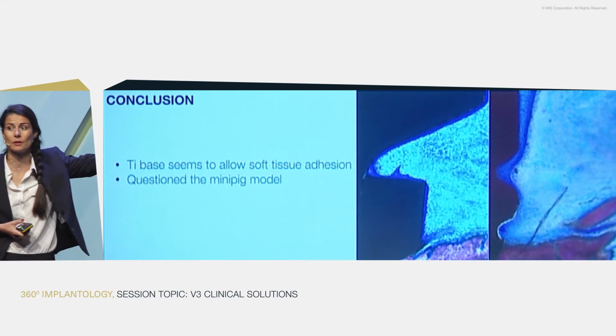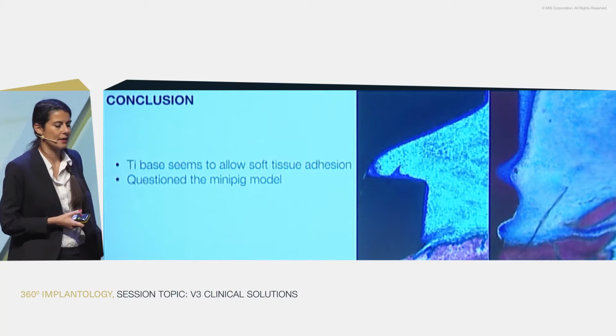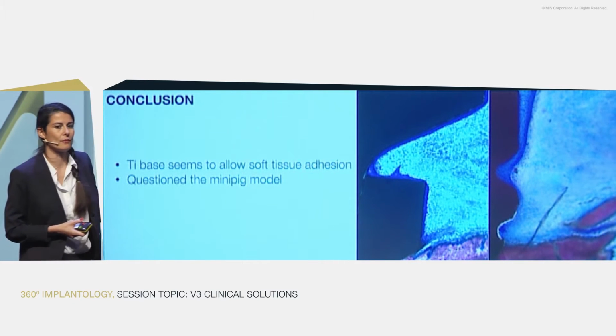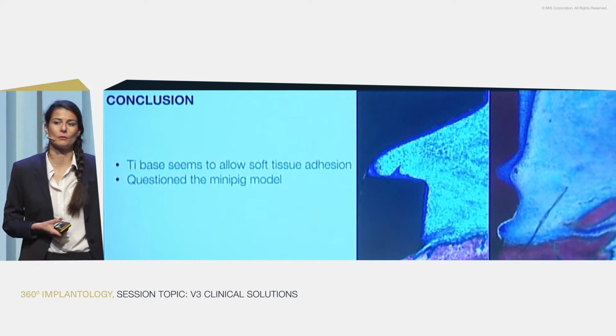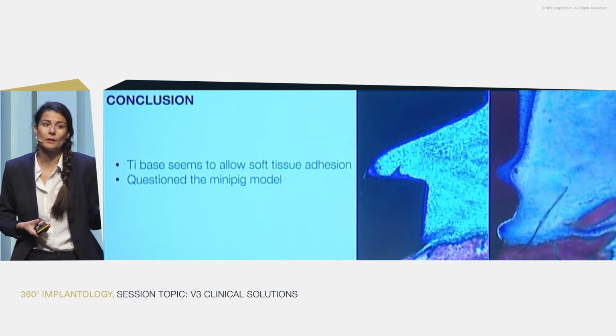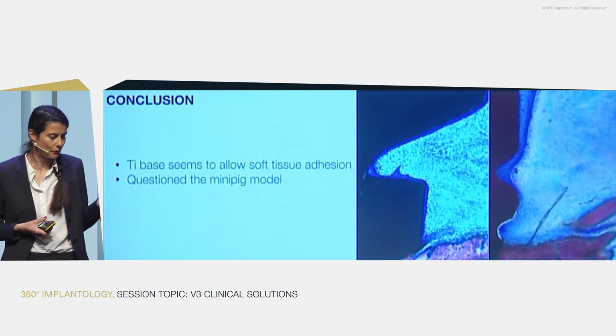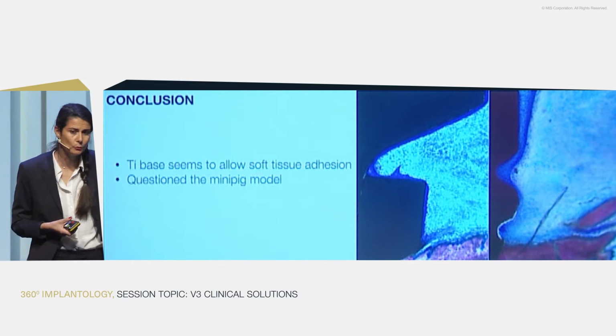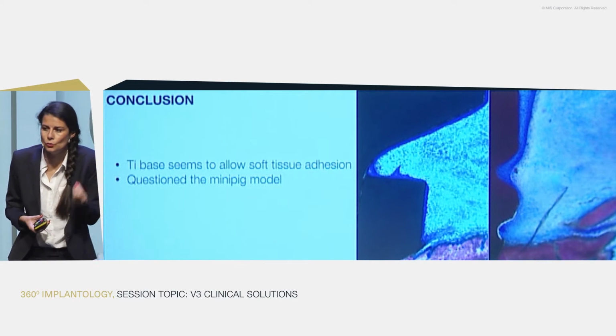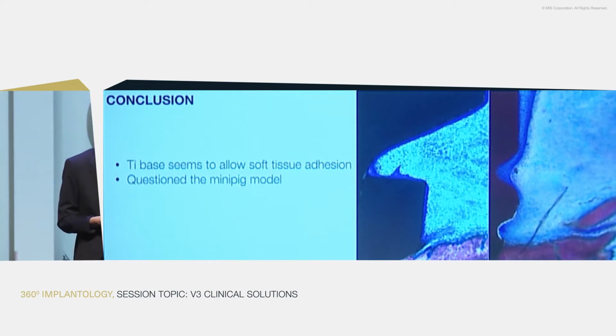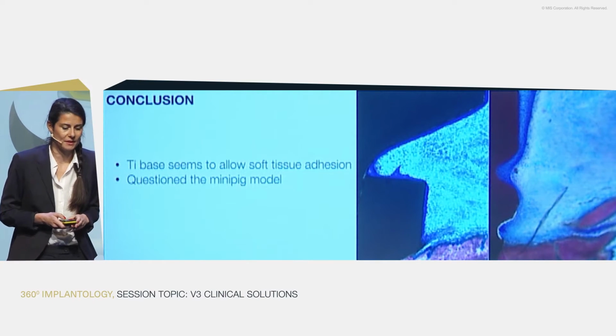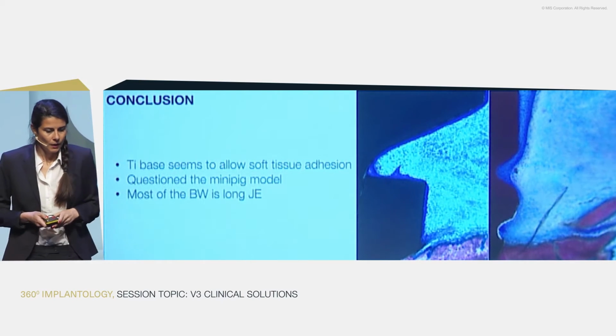It's like there is no connective attachment. So I definitely think that we have to be very cautious with the result of this study, and we are actually working now on the development of a model on human. I think we really do need to test that on human to make sure of the biocompatibility of these materials.